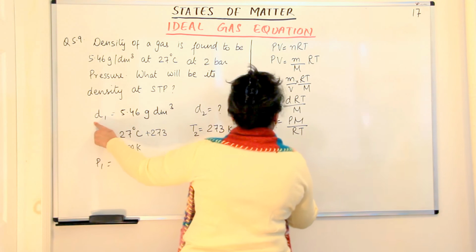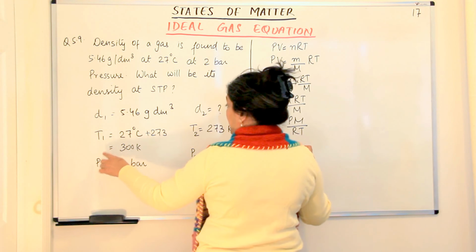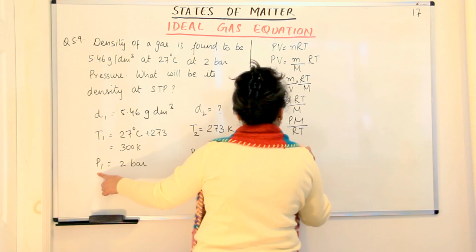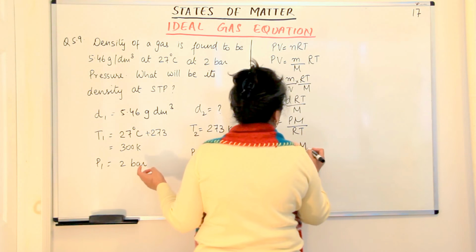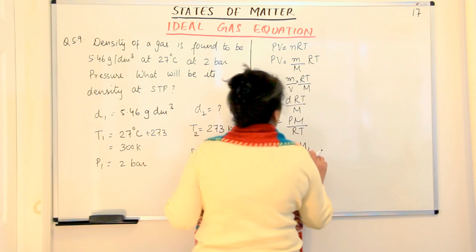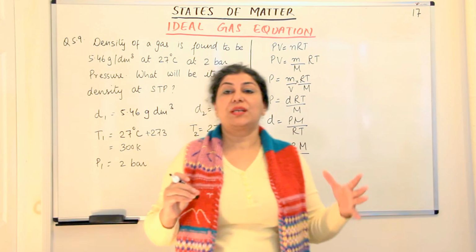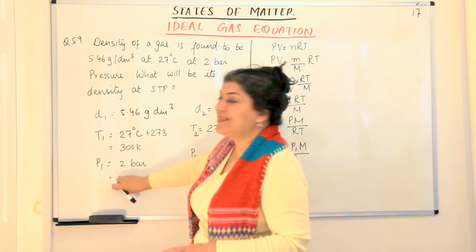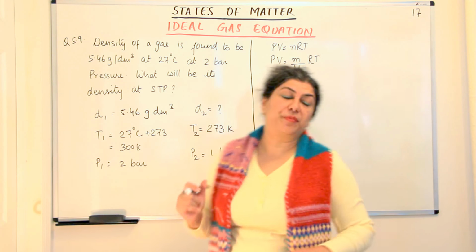Now D1, what would D1 be? D1 would be P1 into the molar mass, M upon R, or rather I should not put M1. Why? Because the molar mass of the gas remains the same whether it is under these conditions or under the standard temperature pressure conditions.